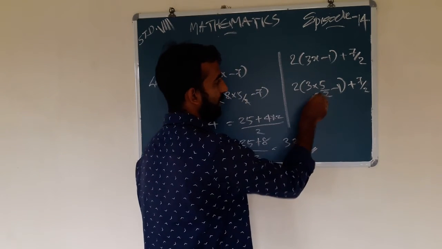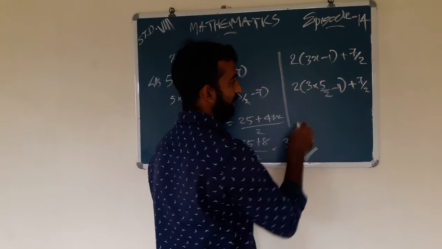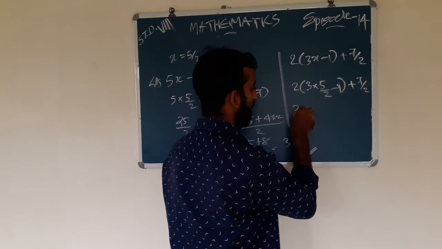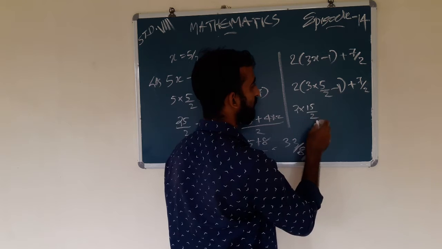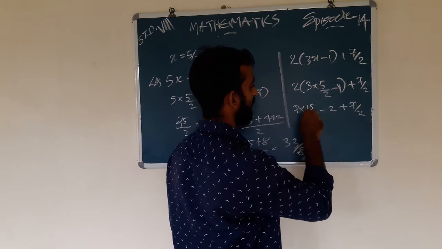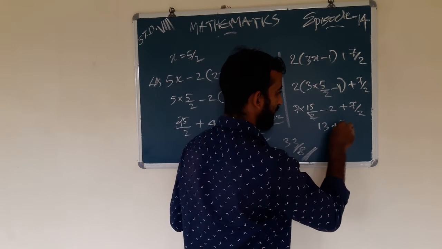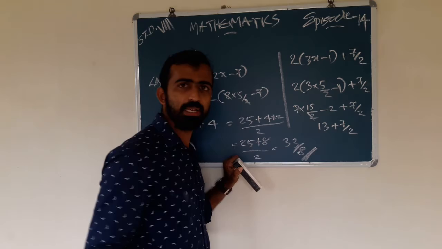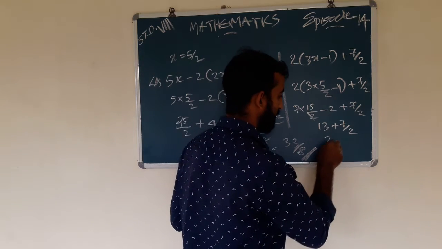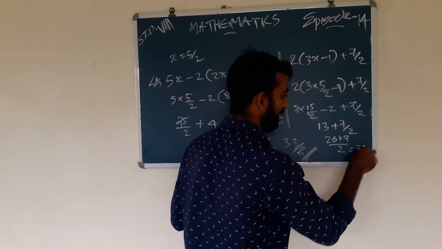That is 15 by 2 minus 2 plus 7 by 2. That is we cancel. That is 13 plus 7 by 2. That is 26 plus 7 whole divided by 2. That is we get 33 by 2.